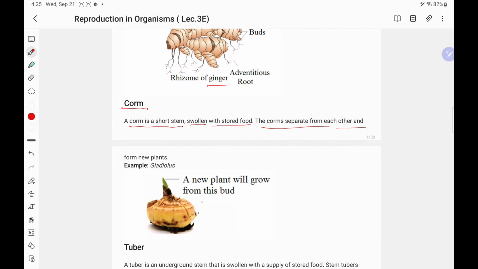This is a corm, and a new plant will grow. This is a bud, and this bud grows into a new plant. For example, gladiolus.